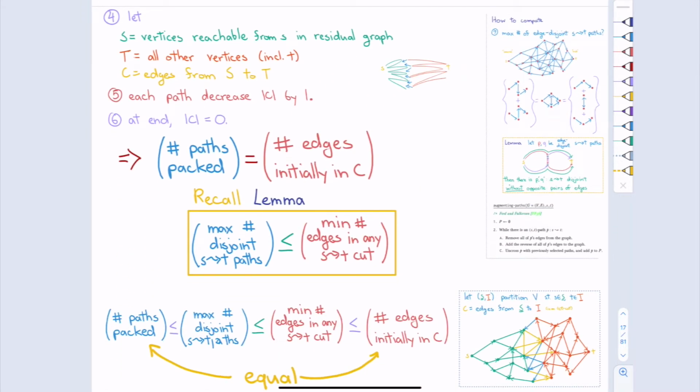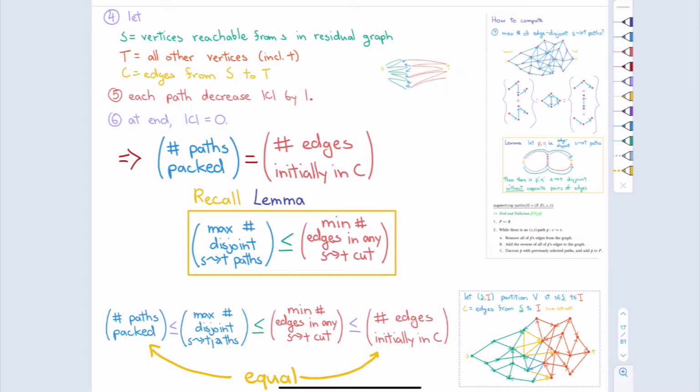In fact, the proof was based on this idea that, in this residual graph that we're maintaining, at the end we can no longer get from S to T, in which case there's some set of vertices S can reach, and that forms the S side of an S to T cut. Okay, and we argued that that cut had the same size as the number of paths we took.